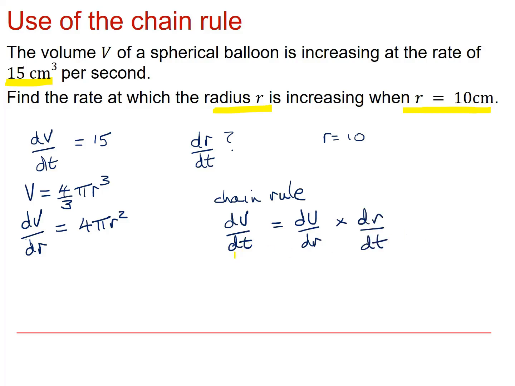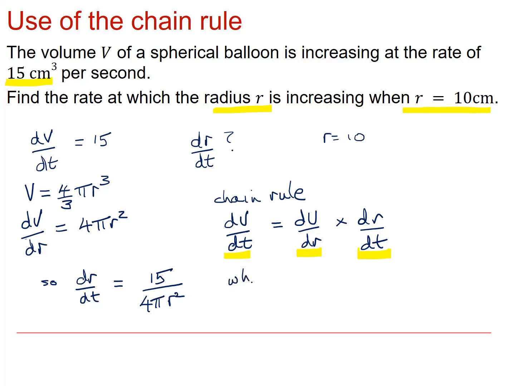Now, I know this, and I want to find this. So, dr by dt is equal to dV by dt, that's 15, divided by dV by dr, that's 4 pi r squared.